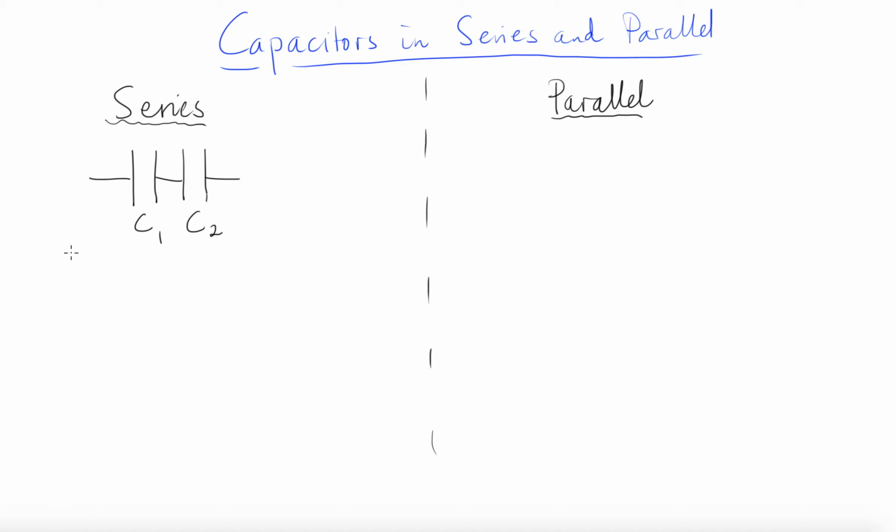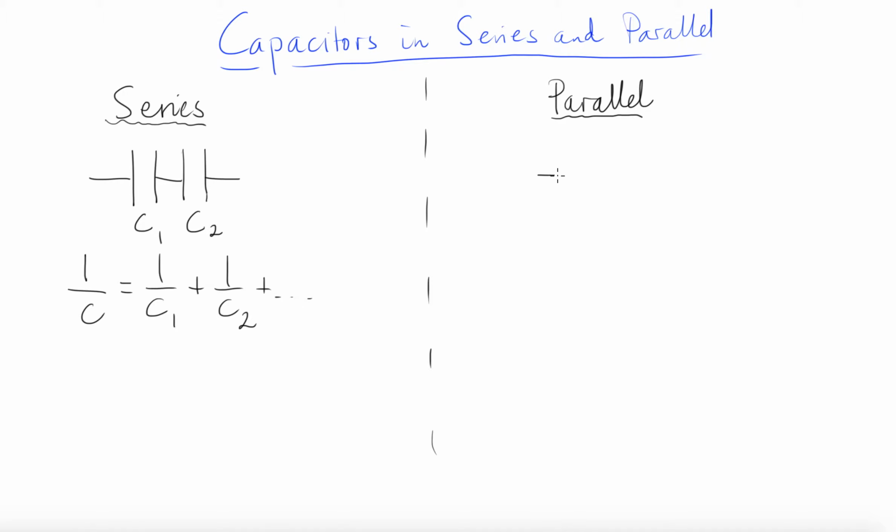Now the combined capacitance is given by 1 upon C equals 1 upon C1 plus 1 upon C2. And if we were to have more capacitors in series, you'd add up the inverse capacitances. This is the opposite to how you add resistors in series. I'll show you why this is the case in just a second.